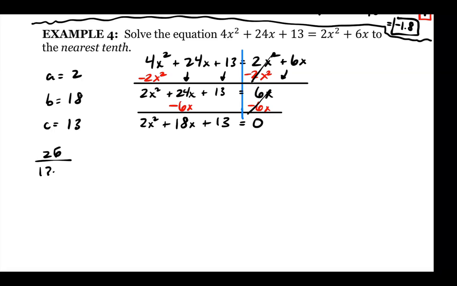The only way to make 26 is 13 times 2 and 26 times 1. Or you can make them both negatives, but still, none of those are going to equal 18. There's nothing else that makes 26. Not factorable.